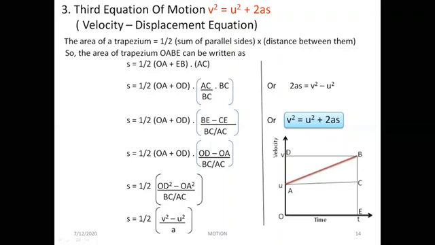So we can write it as 2AS. So this 2 and this A will be multiplied this side. Okay, 2AS is equal to V square minus U square, or we can write V square is equal to U square plus 2AS. This is the third equation of motion.